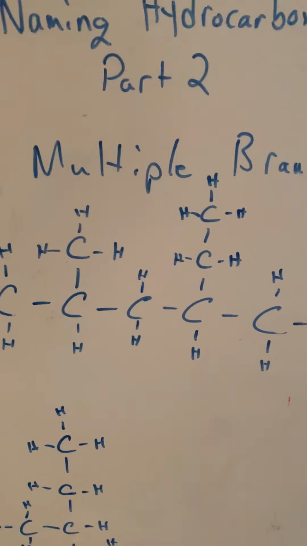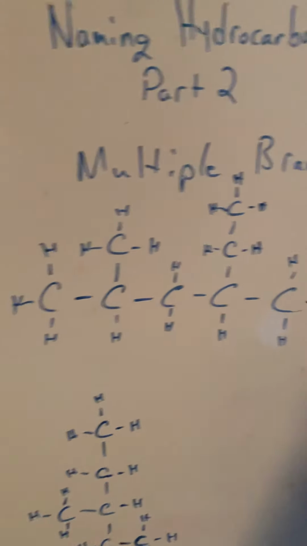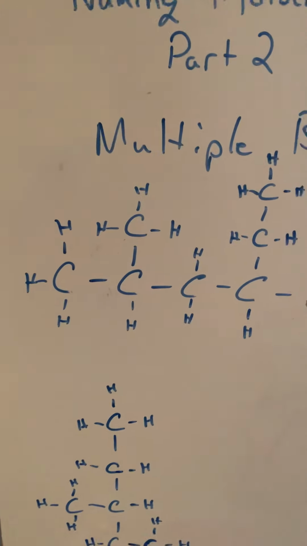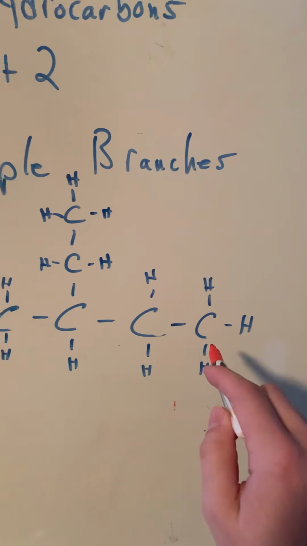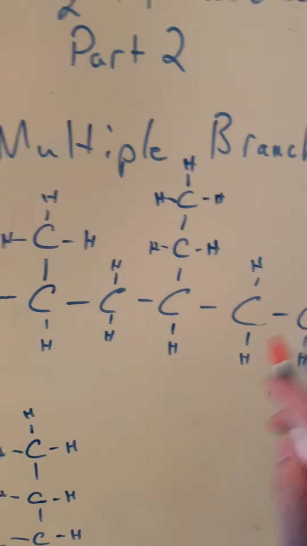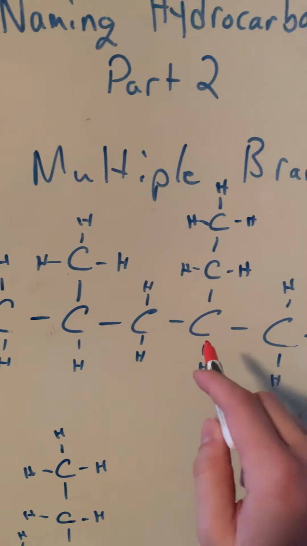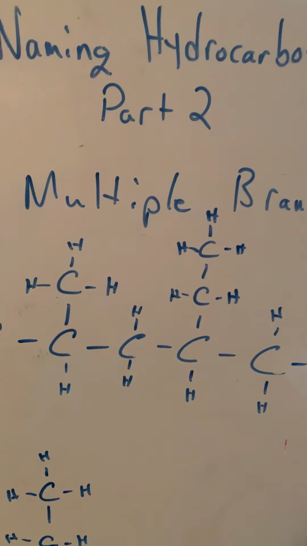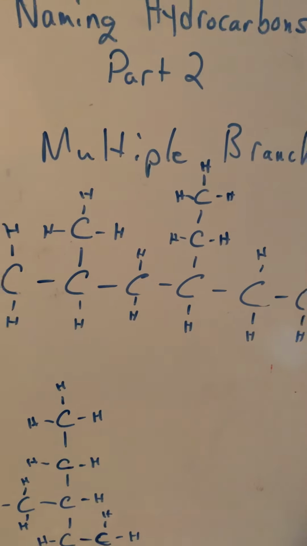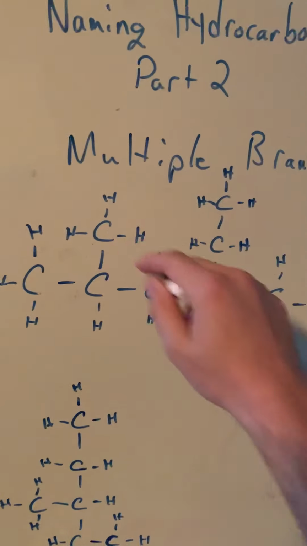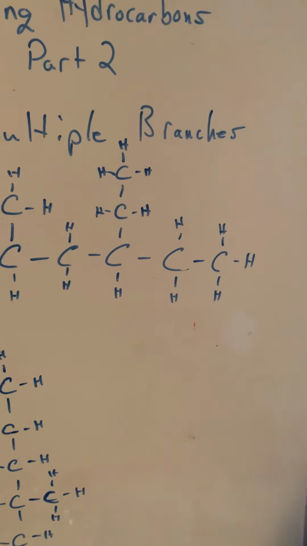So in this example that I have here, you can see that my longest chain of carbon is 1, 2, 3, 4, 5, 6. Okay, now I could count this 6 or 1, 2, 3, 4, 5, 6. Doesn't actually matter in this particular case, but we're just going to keep it with this chain here. Now, I want my branches to be attached to the lowest number of carbon possible.